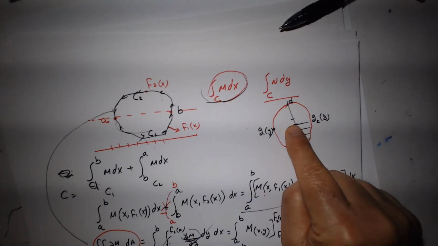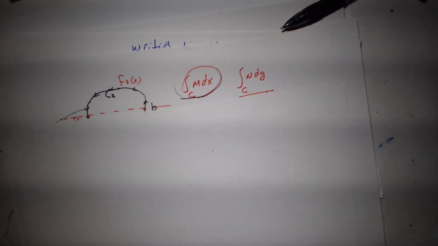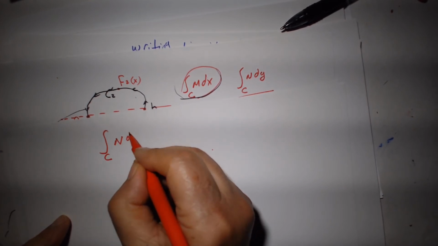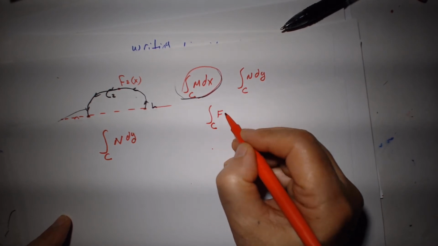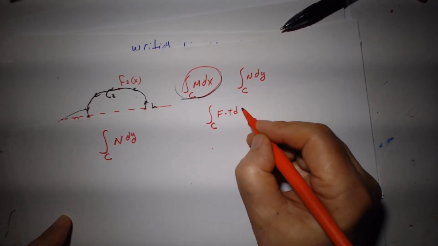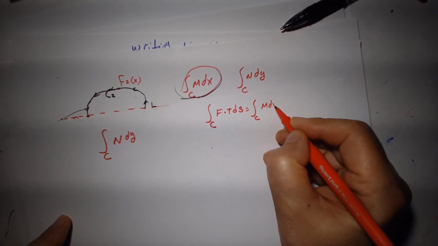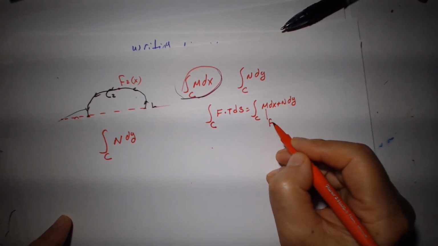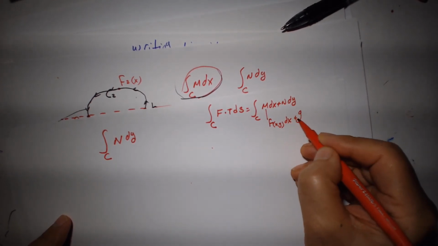Now I'm going to go to that region, and I'm going to say I do have the partial derivative, the line integral of n dy, because remember, the line integral of F dot T ds is the same as m dx plus n dy.